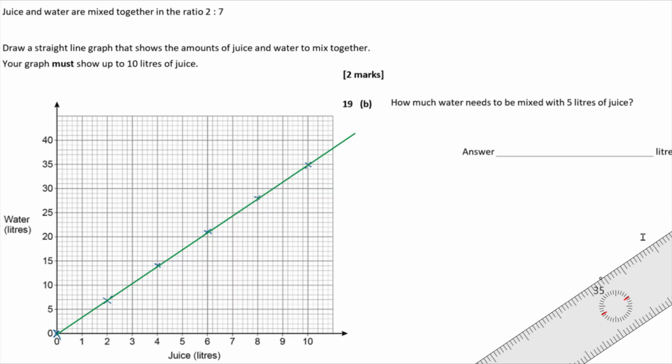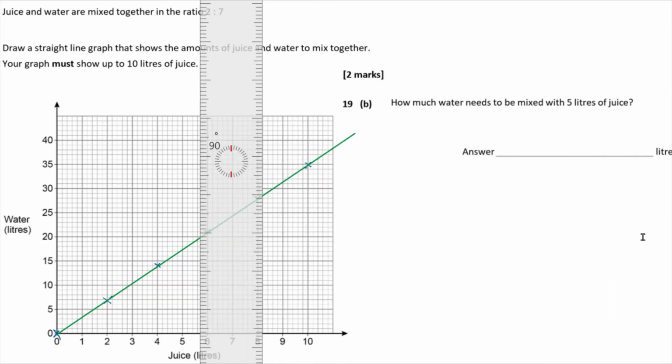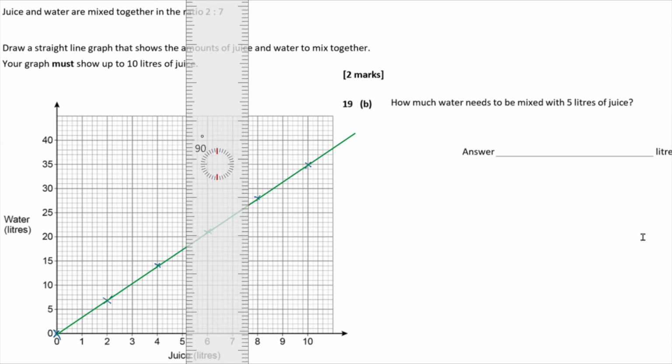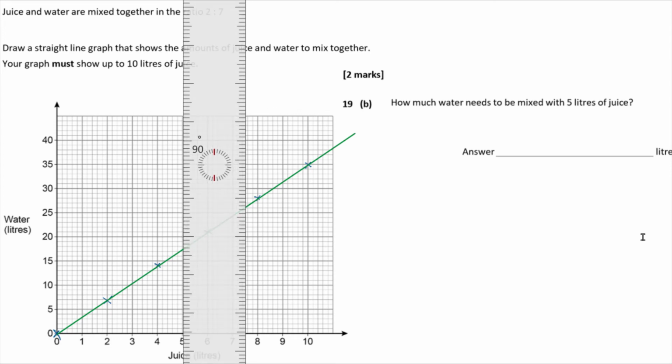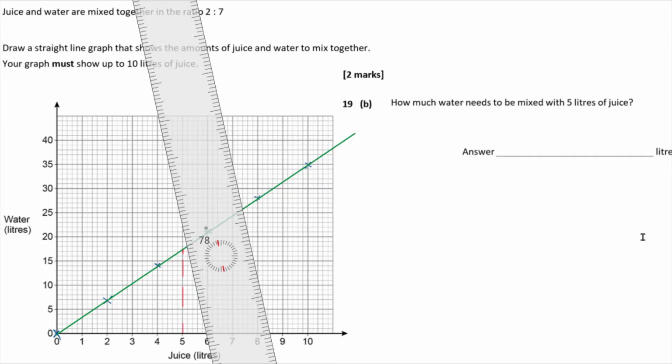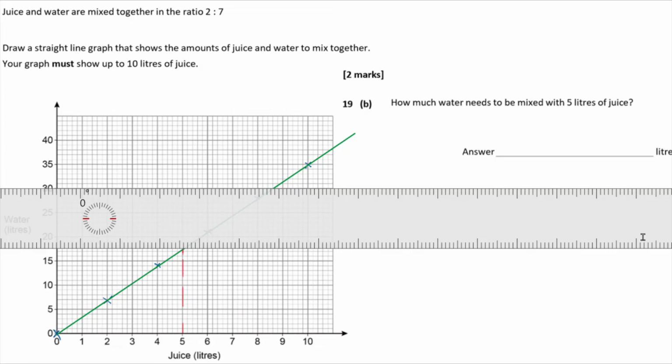And then part B says how much water is needed to mix with 5 litres of juice. So now I've got my line, I can use it to work out other values. So if I find 5 on my graph, I'm going to read up. And once I get to the graph, I'm going to change directions, go the other way.